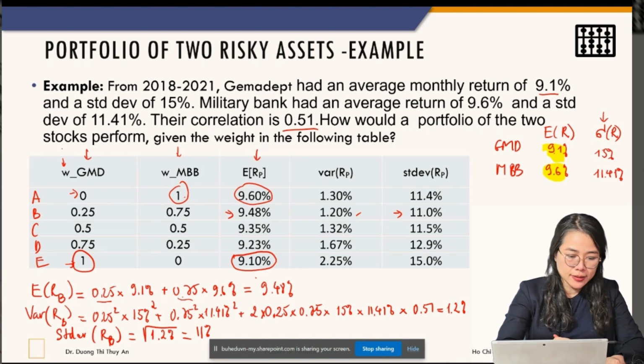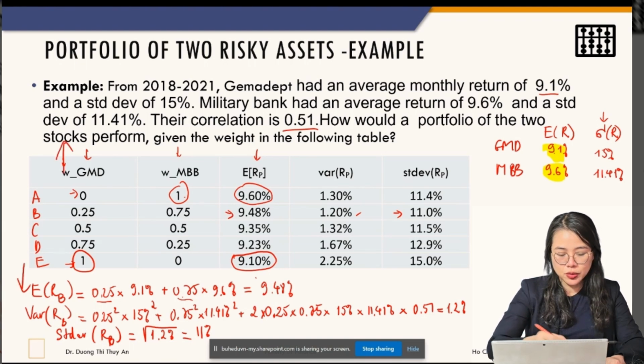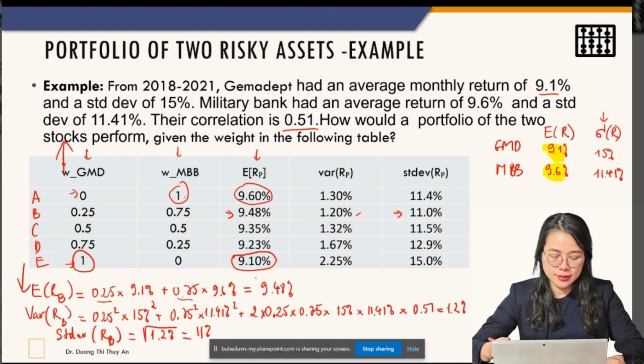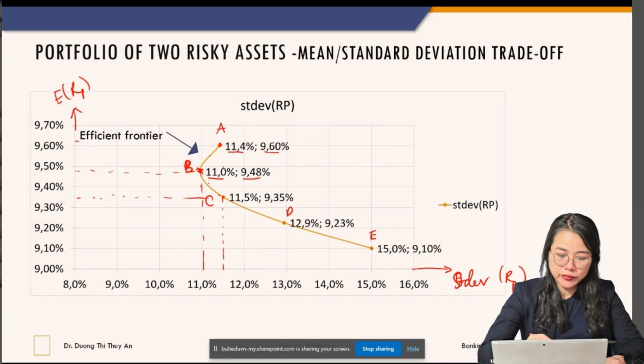So I can extend this table on this side and also extend this table to this other side when short sale is allowed. And when short sale is allowed, your figure, the line can be like this.